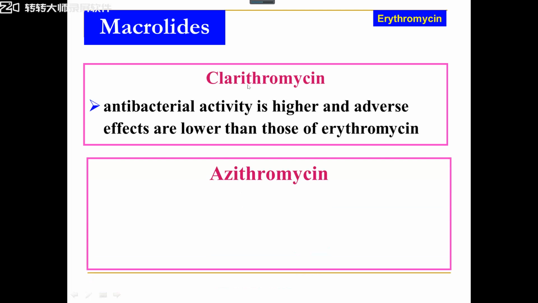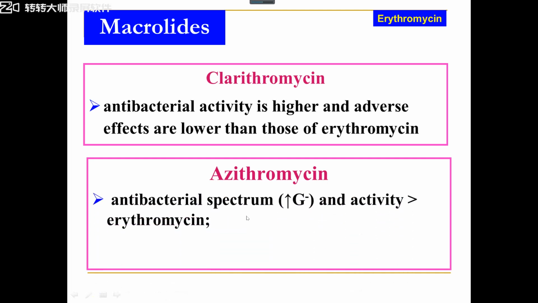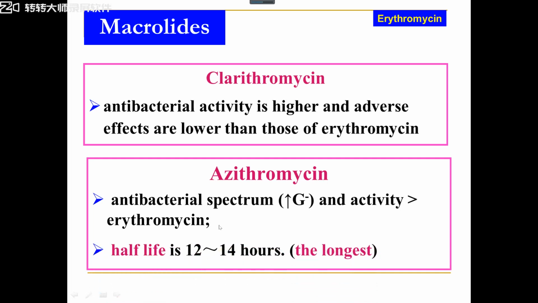Except clarithromycin, in fact, in clinic, among macrolides this year, in each country, the most widely used drug is azithromycin. It has higher efficacy, more potent than erythromycin, and fewer adverse reactions than erythromycin. So it is the most commonly used drug.